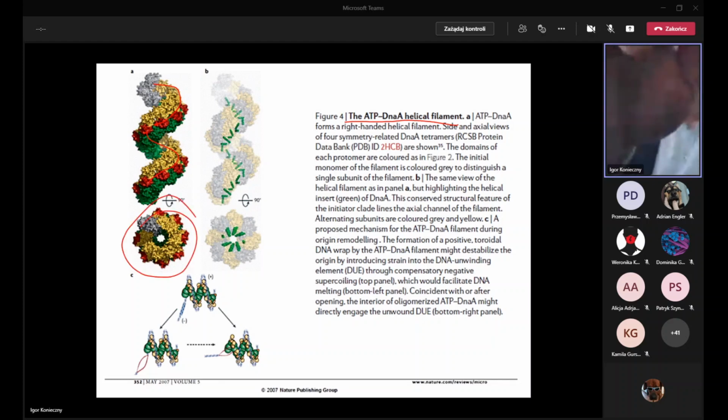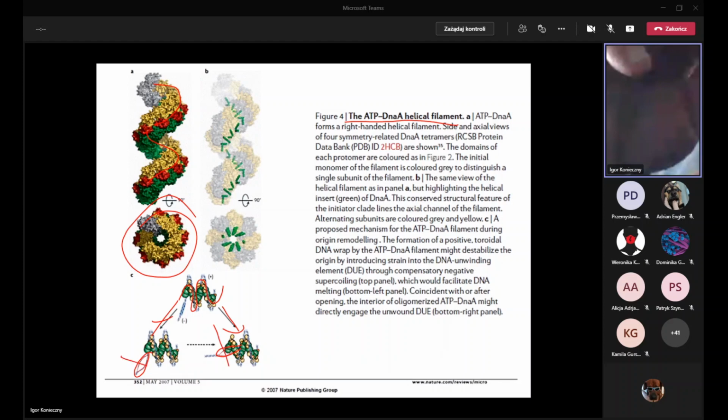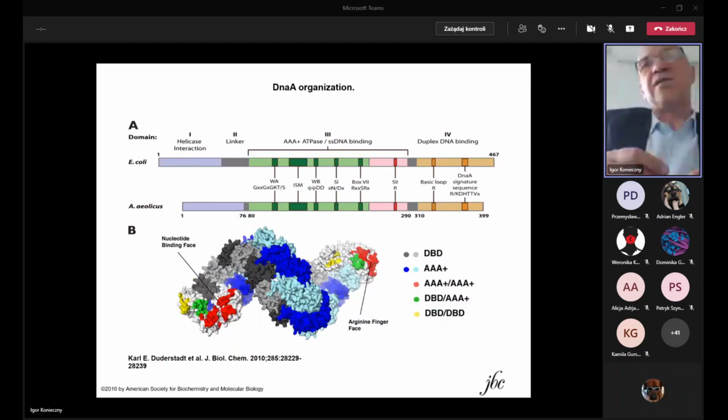It was proposed that this filament can bend the DNA, and this bending results in the opening of the structure. So not just a simple interaction with one site, but all DnaA binding sites have to be occupied. And then there is a debate whether the protein has to interact with the single-stranded DNA or not to create the opening reaction.